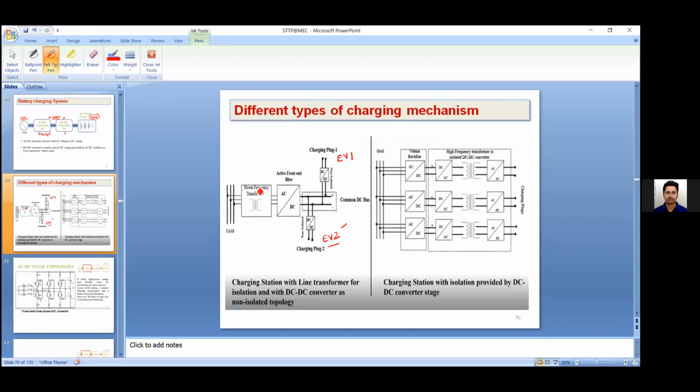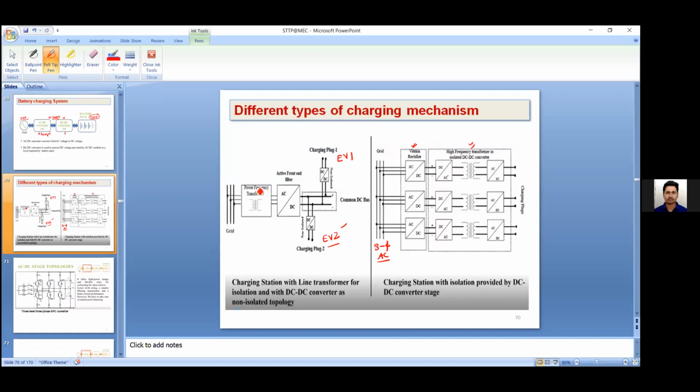Another possibility is, again, here you have a three-phase grid or AC. Here you can see individual setups. Here you have a Vienna rectifier. We will see it afterwards. Basically, it's an AC to DC conversion, a rectifier. Again, DC to AC here. Here you are employing a high frequency transformer for the isolation.